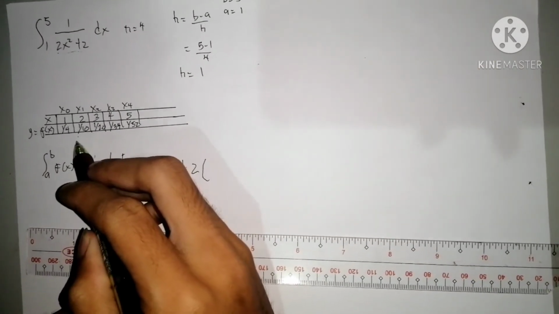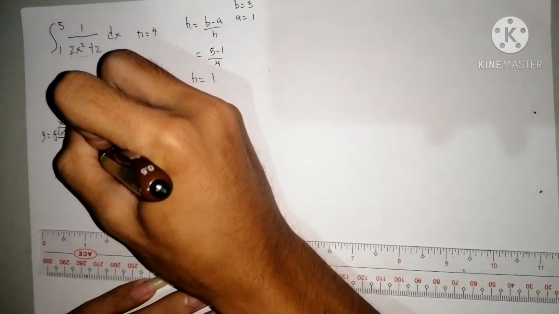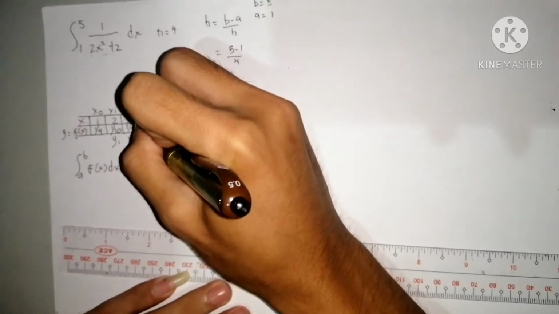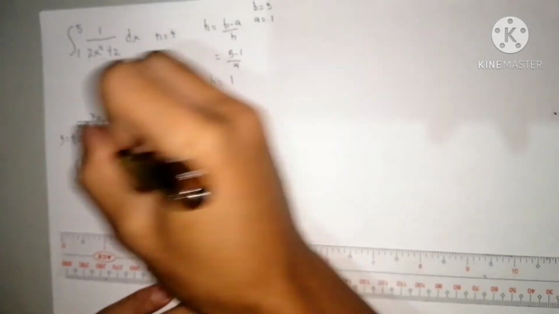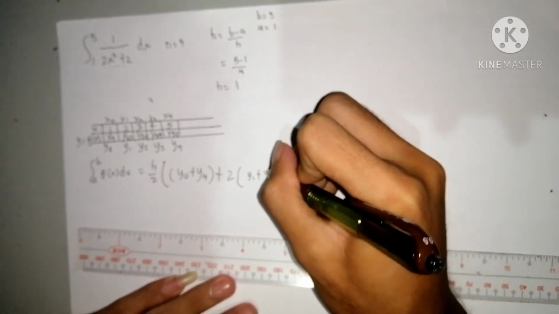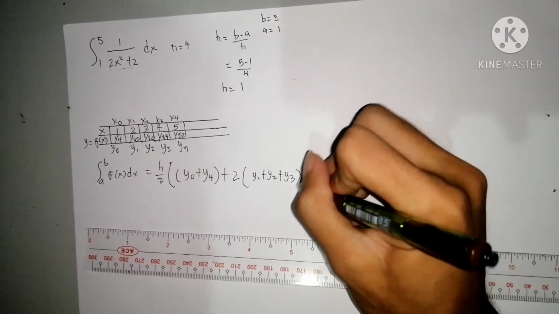Our inner terms are y sub 1, y sub 2, y sub 3.